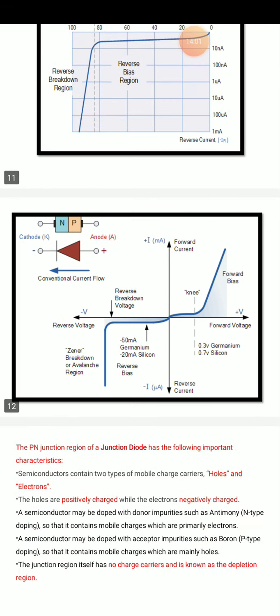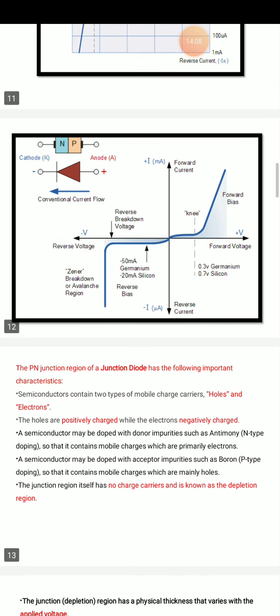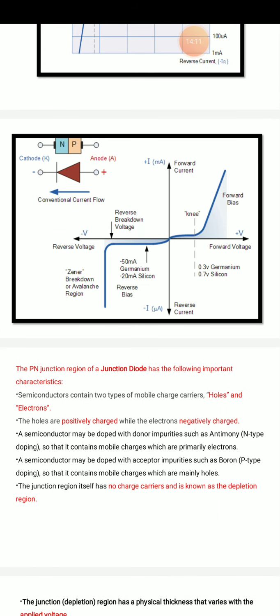This picture we have already seen when we started discussing the PN junction diode. It is the very important VI characteristics of the PN junction diode. Now we are combining both the forward bias as well as the reverse bias here.